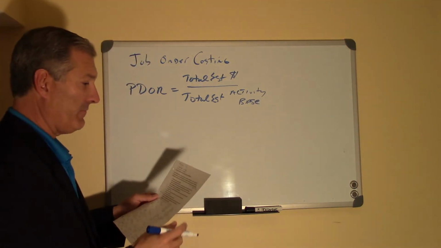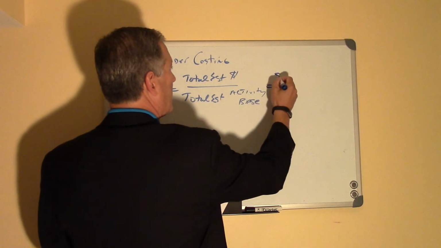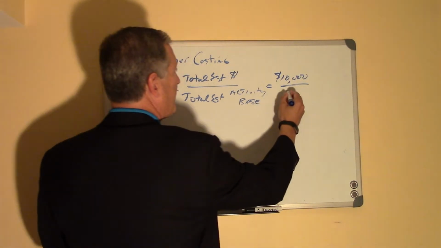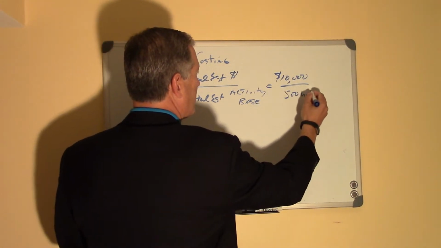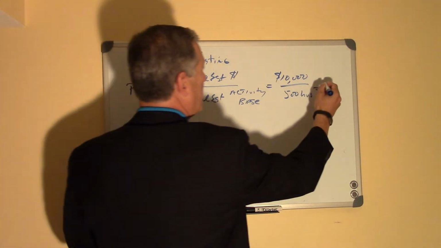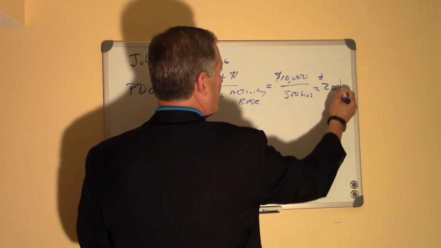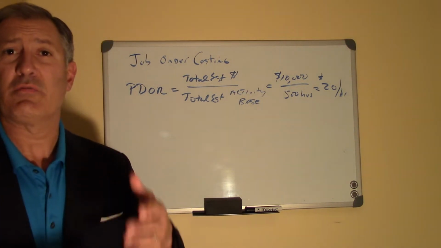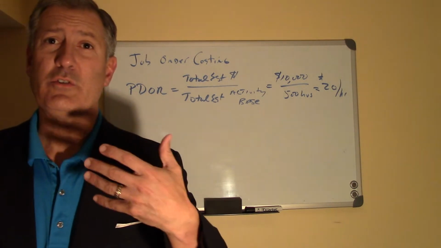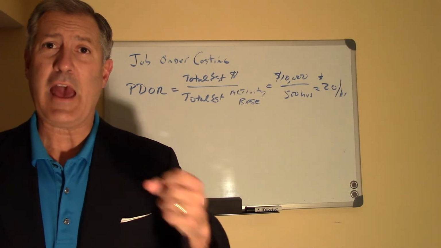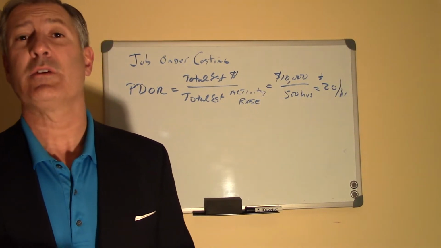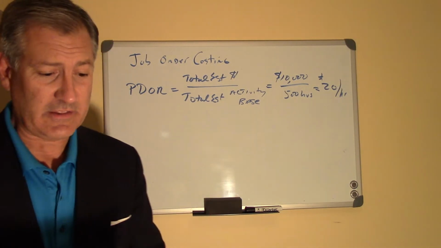In this example, it's going to be $10,000 divided by 500 hours, and that's going to be $20 per hour. That is the predetermined overhead rate, which we'll use later on to allocate manufacturing overhead to our product cost to the work in process account. So we're going to come back to that later.